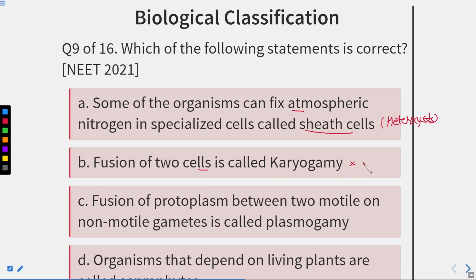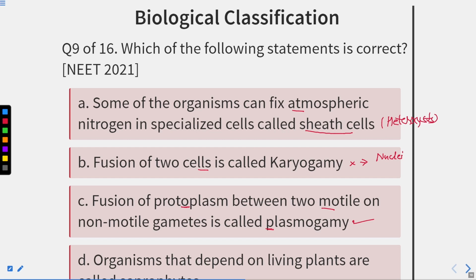Again, not correct, because karyogamy is the fusion of nuclei. Next option is fusion of protoplasm between two motile or non-motile gametes is called plasmogamy. So this is the correct option. Fusion of protoplasm is known as plasmogamy.